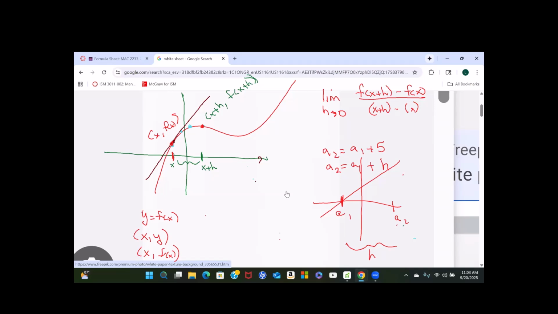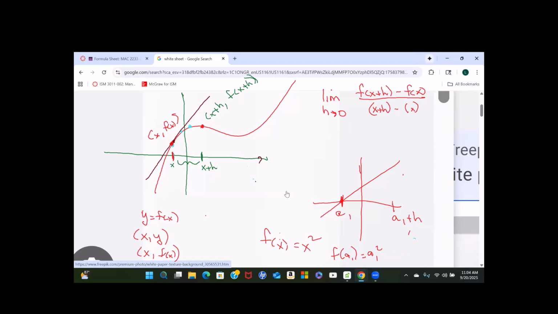So now I have 2 points, A1 and A2, and I know that A2 equals A1 plus H. So instead of making 2 different variables, I'm going to make this A1 plus H. Now let's say I plug in f, so f of x equals, I don't care, x squared, just to make it not so abstract. I plug in A1 for x, and I'll get f of A1 equals A1 squared, right?